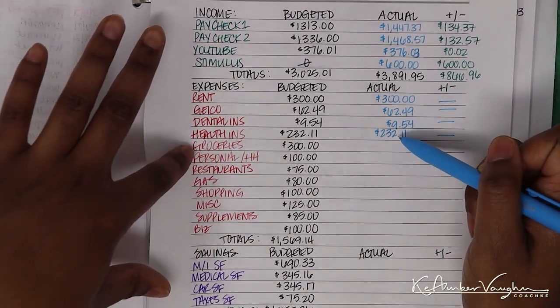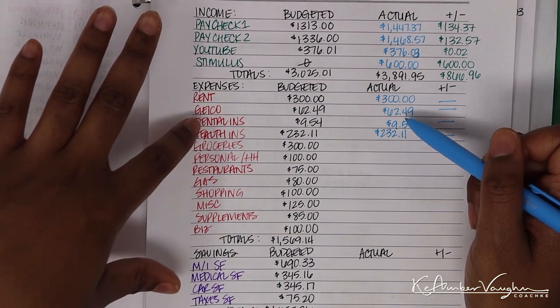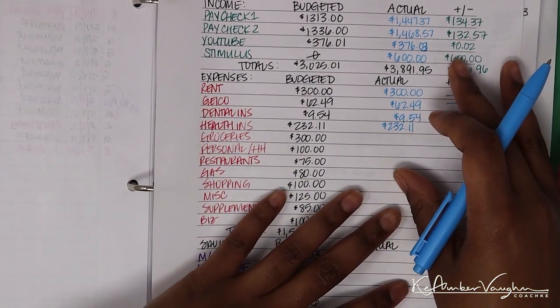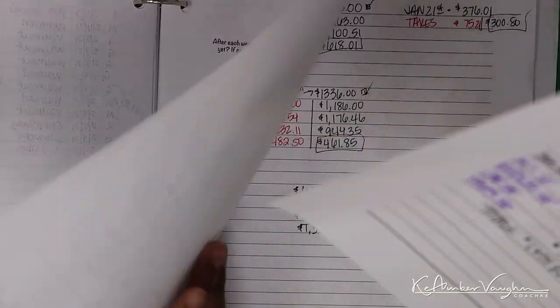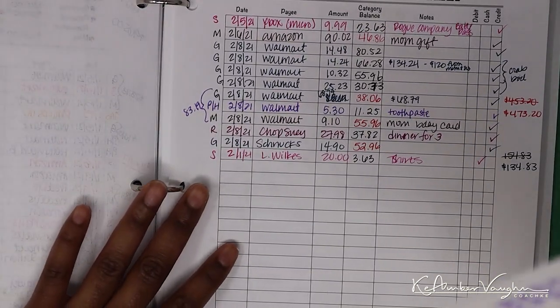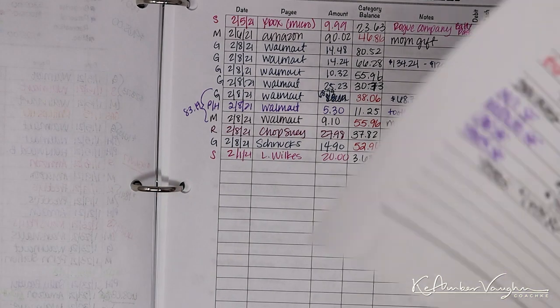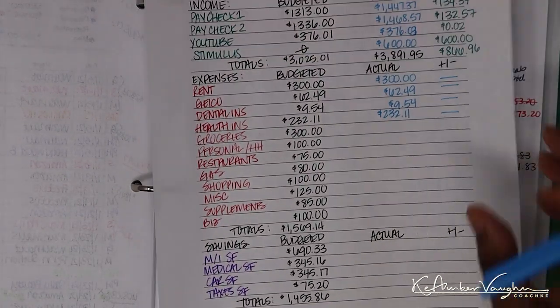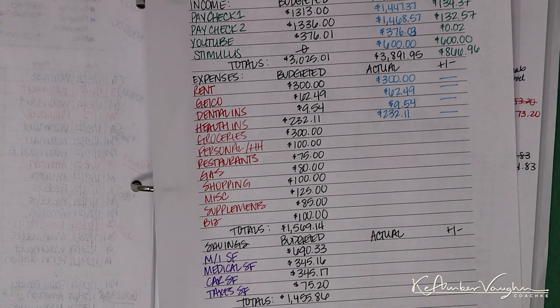These are literally the only 4 bills that I have: rent, car insurance, dental, and health insurance. Now let's get to the expenses. And as you guys know, in my expense tracker, I actually have the pluses and minuses done. I don't have the actuals. So let's go ahead and do those first.